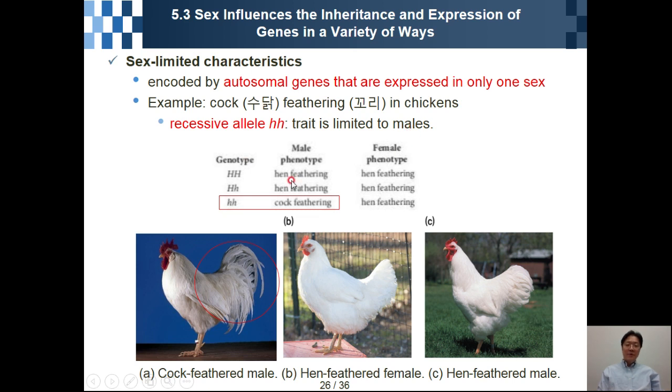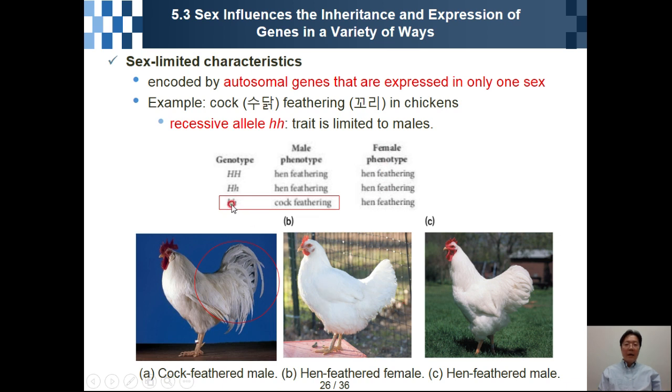For example, if the genotype is large H large H, the male phenotype is hen feathering, and the female phenotype is also hen feathering. How about large H, small h? Because large H is dominant over small h, the male phenotype is hen feathering, and the female phenotype is also hen feathering.